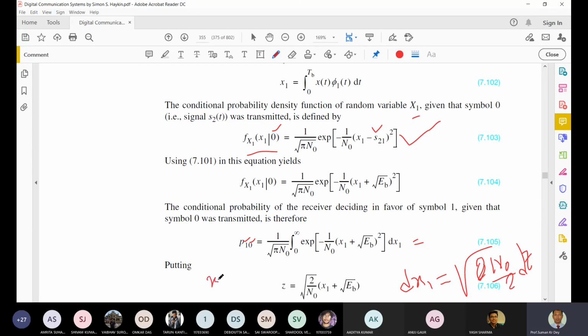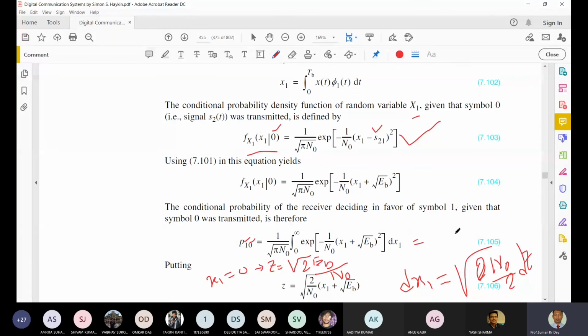When x1 equal to 0, then z is coming square root of 2 Eb by n naught, and when x1 equal to infinity, because we need to change the limits also in the integration, z will be infinity.